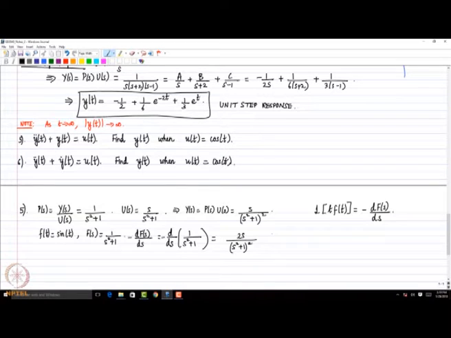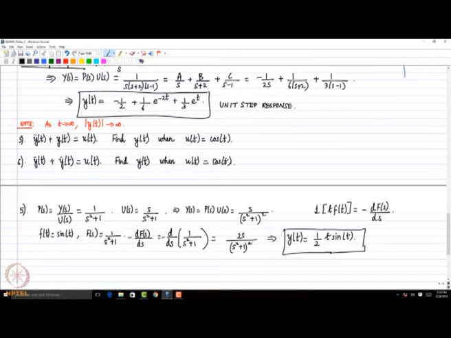So this immediately tells me that the value of y of t is going to be equal to 1 by 2 t times sin t. Why? Because the Laplace of t sin t is 2s by s squared plus 1 whole squared, from this property of the Laplace transform.